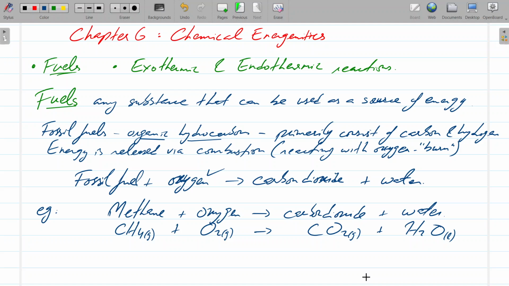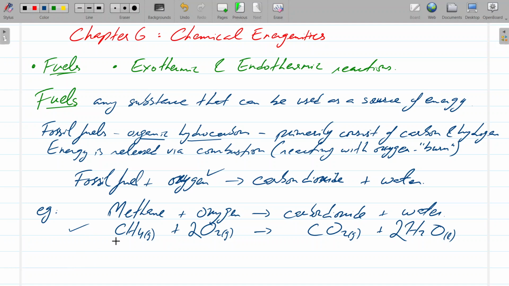We can add 2 on the product side, with the water. And so now we've got 4 hydrogens, so hydrogen's happy. But now we've got 4 oxygens, and over here we only have 2 oxygens. So we can add 2 on the reactant side. Yes, and now it's balanced.